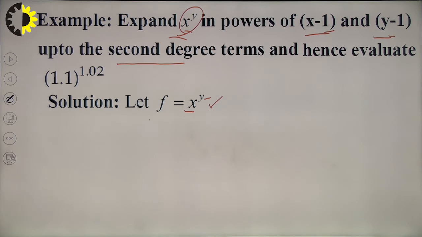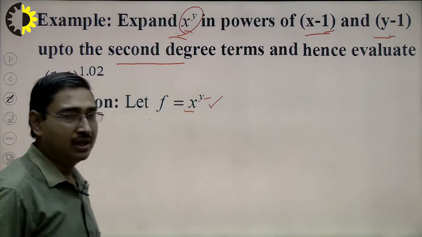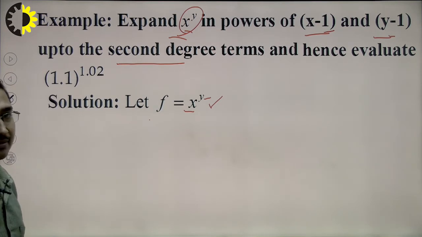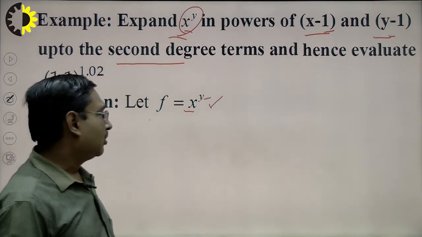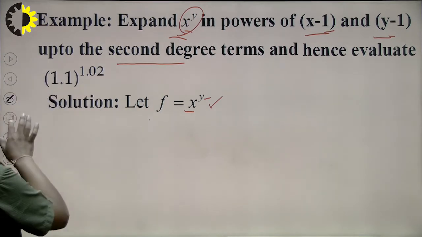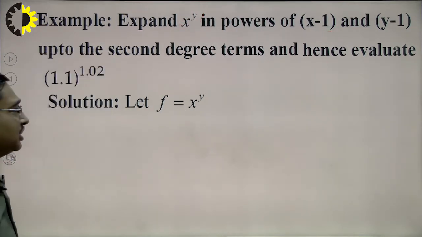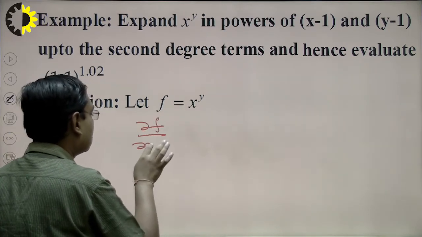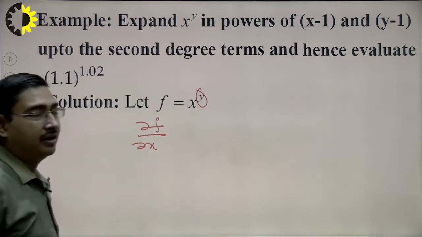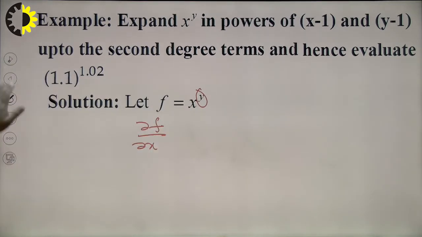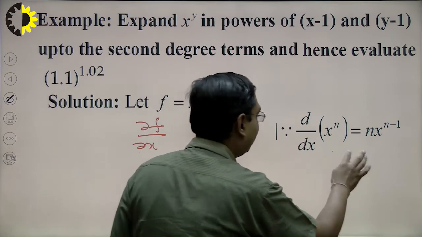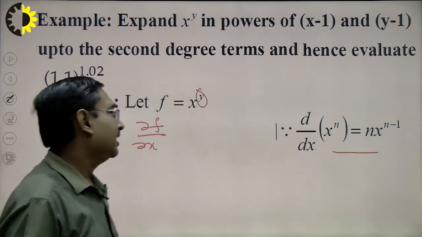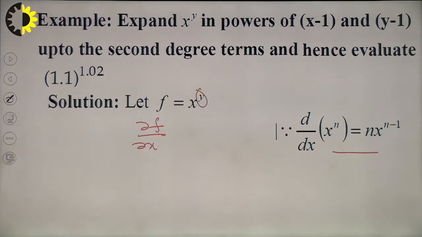In this situation, when we differentiate usually in 10 plus 2, then taking logarithm of the function is necessary. But here, because we are doing partial differentiation with respect to x, this y will be treated as constant, and it means the formula for d by dx of x raised to the power n can be used, because n is constant here and y is constant with respect to x.